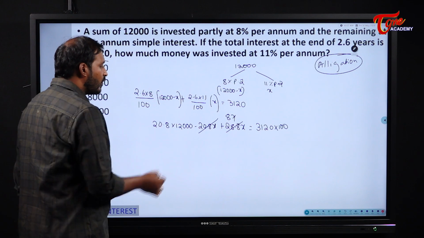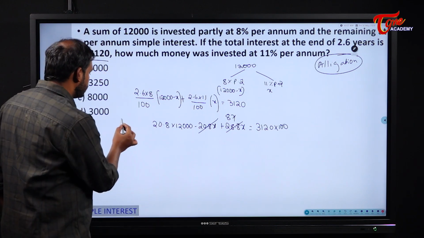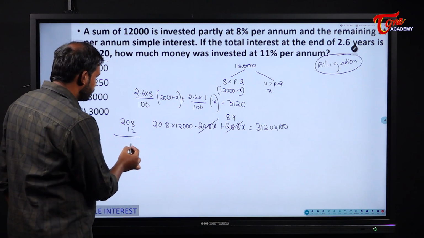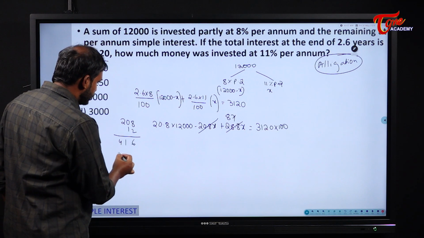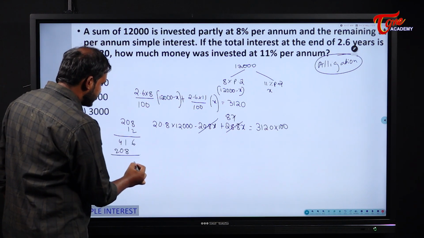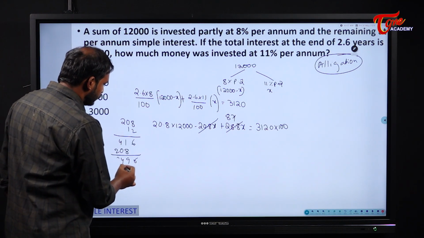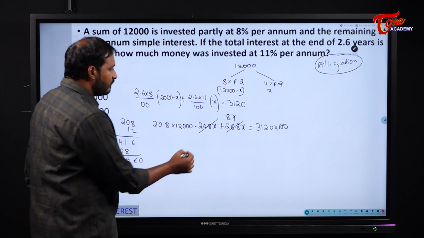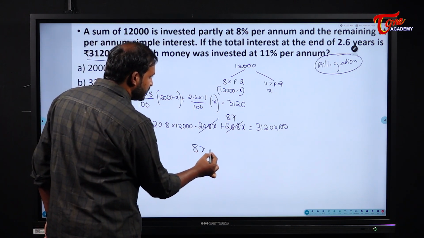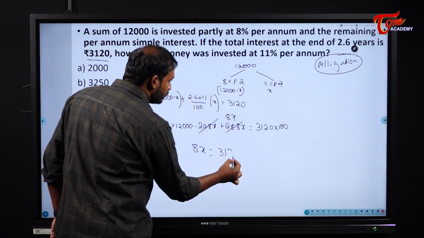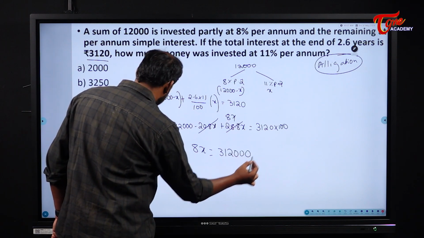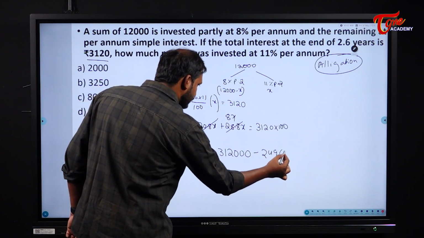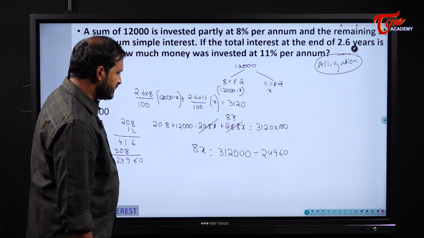So 208 into 1200, what it becomes? 208 into 12, that is 2496. Now what happens to this value? It is equal to 312,000 minus 24960.